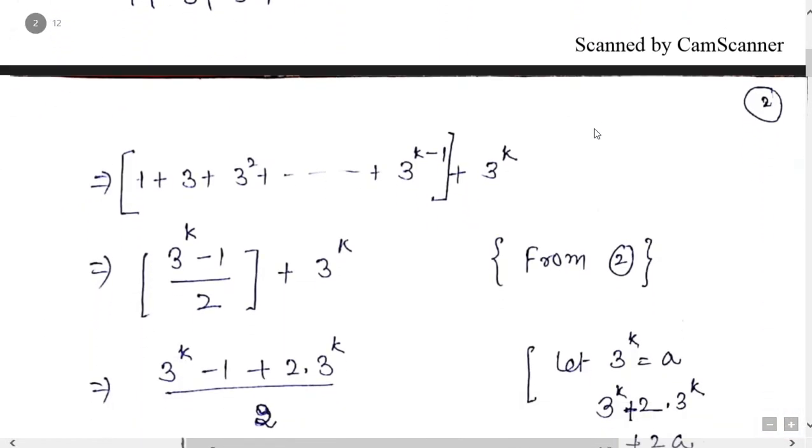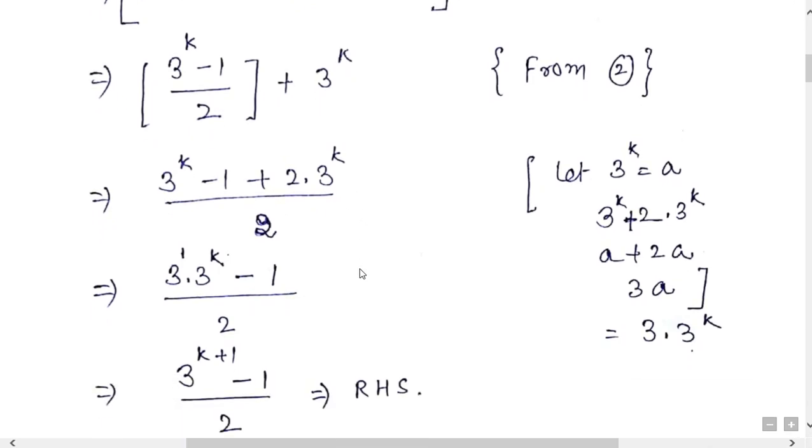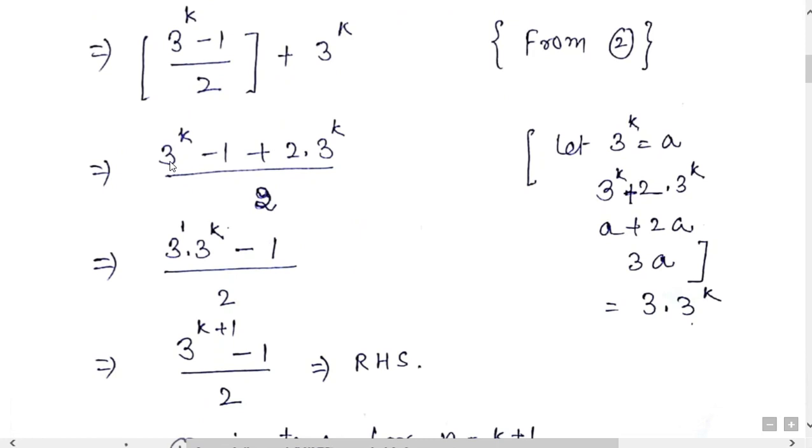Basically, you have to insert the answer of this series from equation 2. 3 raised to power k minus 1 divided by 2 plus 3 raised to power k. Then take LCM. It's 2 multiply 3 raised to power k. The first term is 3 raised to power k. Then the answer is 3 into 3 raised to power k minus 1.